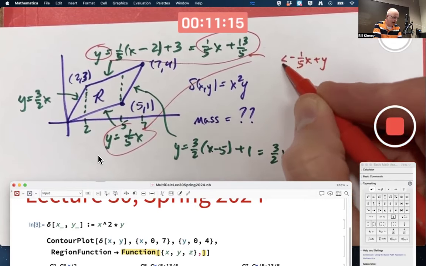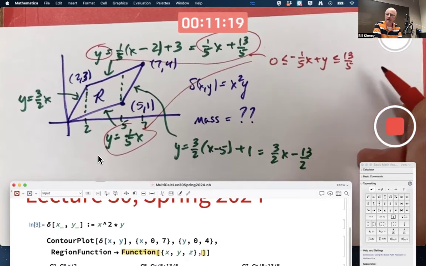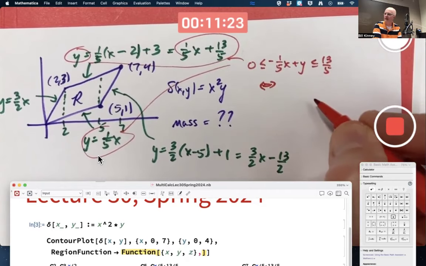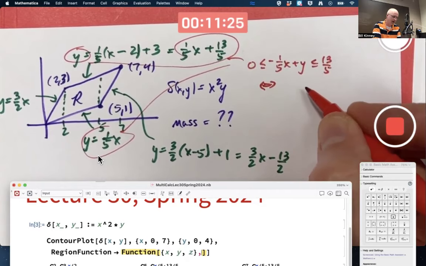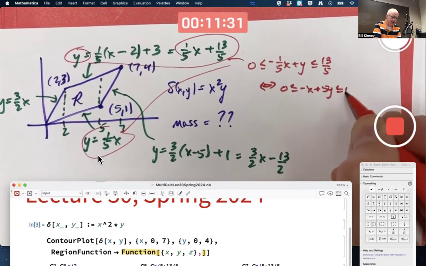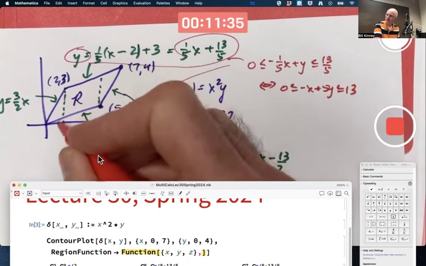They're effectively saying that quantity is between 0 and 13/5. Maybe for simplicity's sake, we want to multiply everything by 5 and write 0 is between negative x plus 5y and 13. That would be one way to describe what's being between those two lines.